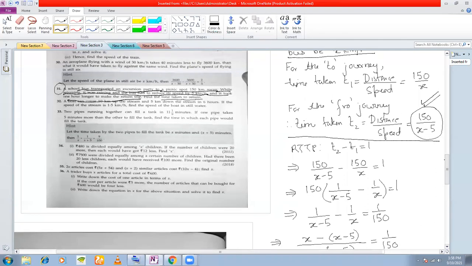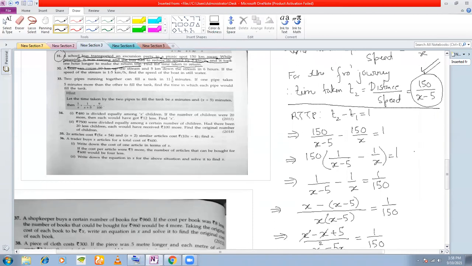Second MCQ is form an equation in X. Now, if you form an equation in X, I will give you this equation as one of the options, and then you can form the equation in X. You can now form an equation in X, and I'll give you one of the options as this.